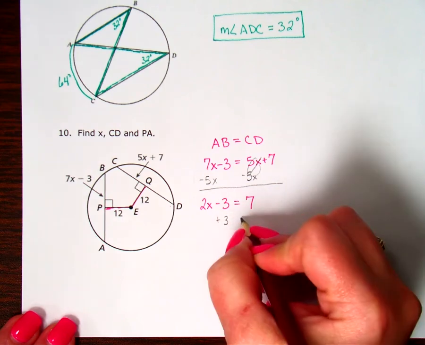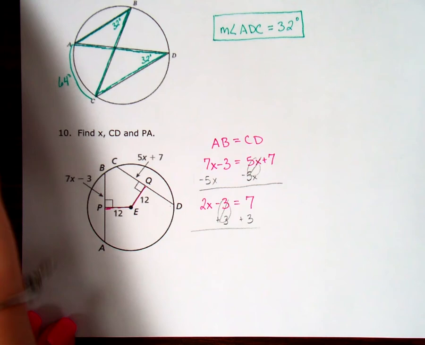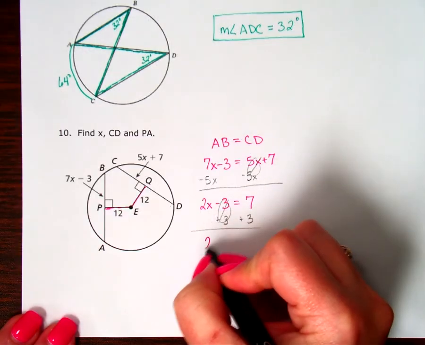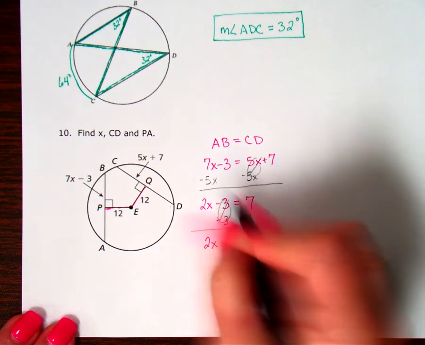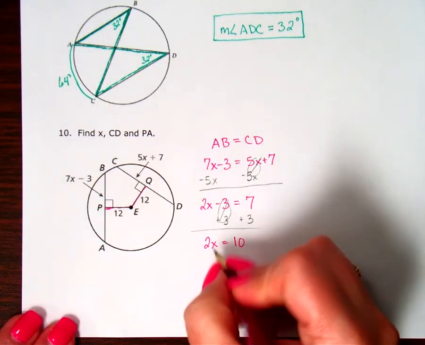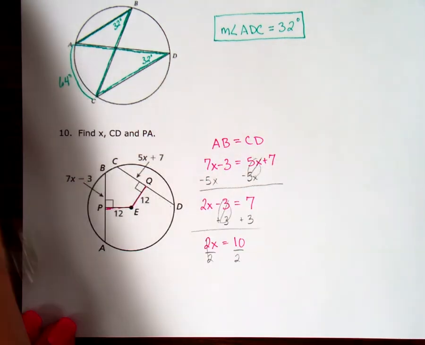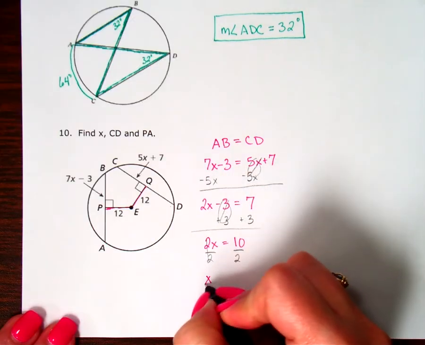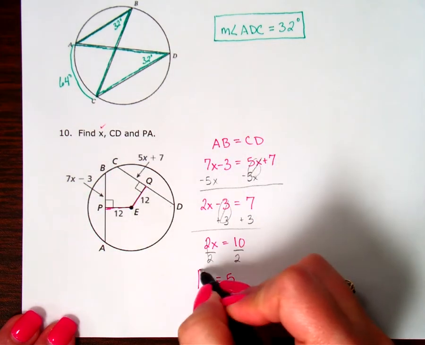Add 3 to both sides. And I get 2x equals 10. Divide both sides by 2. And x equals 5. So we found x.